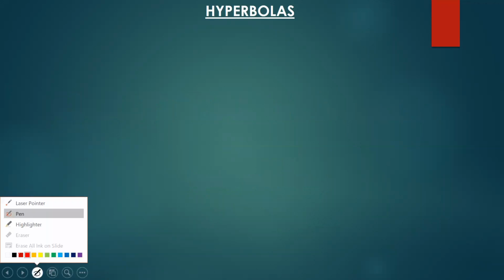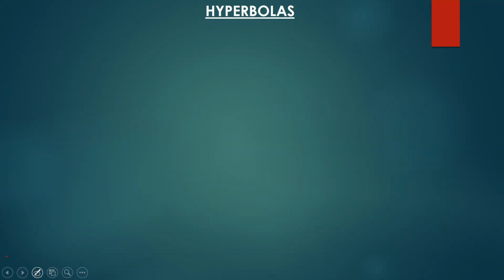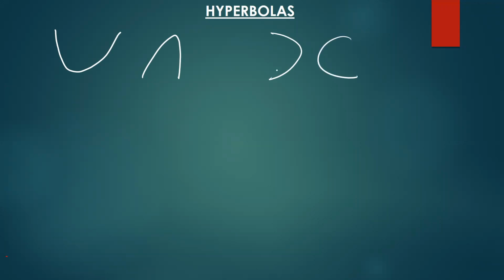All right, so before I start talking about the hyperbolas, let me first give you a hint of what they are. The parabola was just one curve facing either up or down, and also facing either to the left or to the right.